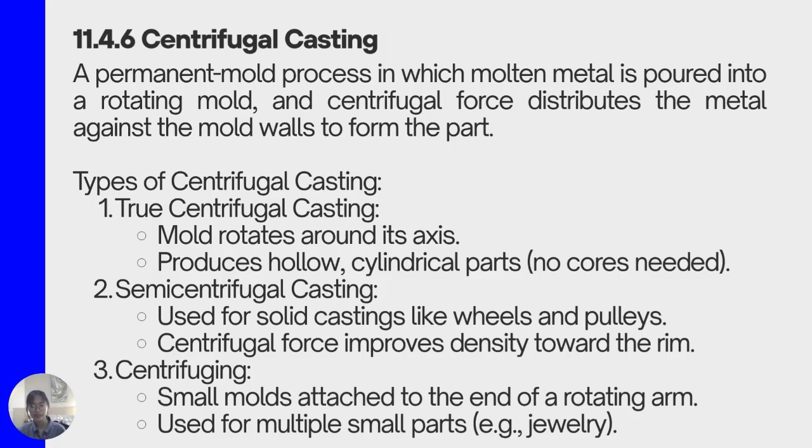The second is semi-centrifugal casting. It is used for solid parts such as wheels and pulleys, improving density at the outer rim. And the very last one, third, centrifuging.